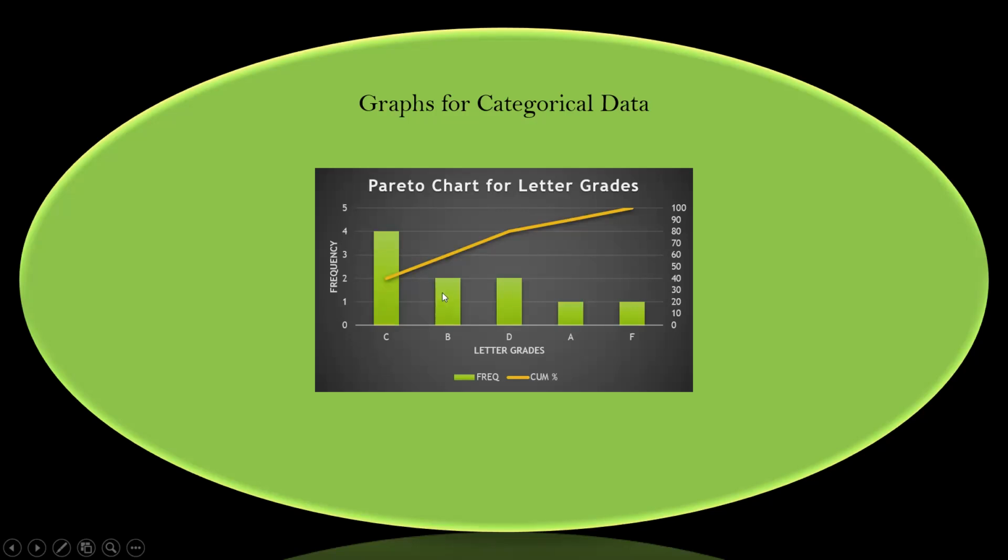C's and B's collectively are going to have 60% of our scores. And then when we have C, B's, and D's, we come up and we'll see that's 80% of our scores. And then 90% of our scores. And then 100% of our scores. So it does two things in addition to the bar. You have to put them in descending order from highest frequency or highest percent to the lowest. And then you typically have this cumulative percent bar that goes on top.